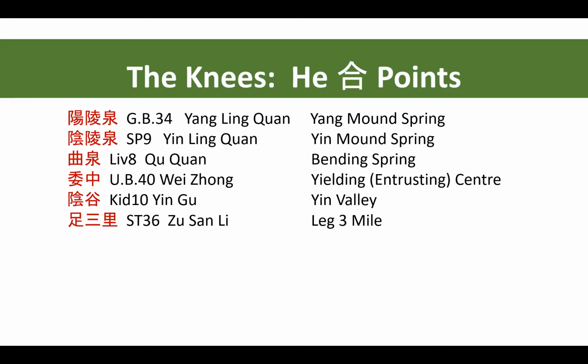Okay, remember, for example, in the treatment for menopause, we do adrenal. Everybody understands adrenal, kidneys for menopause, but then we're adding spleen 9 and gallbladder 34. Why? Because we're trying to generate more.